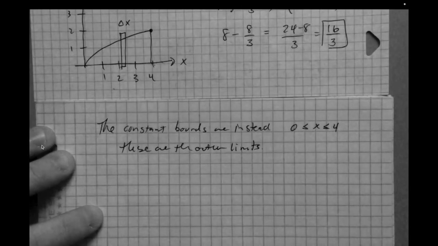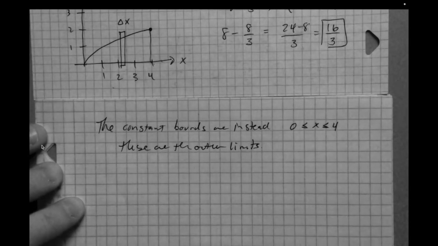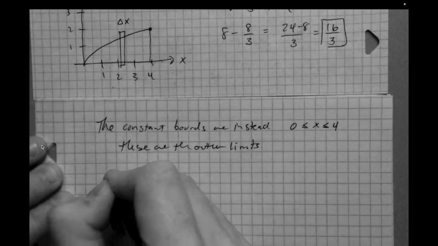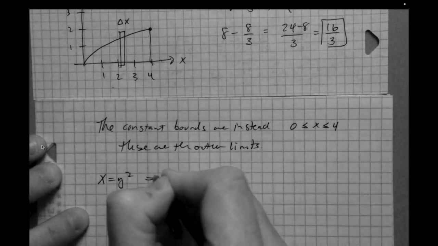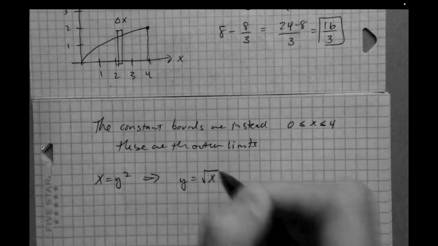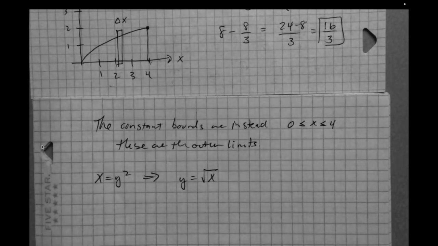What about the inner limits? Well, right now we've been thinking of this as x equals y squared. So when we solve for y, we instead have y equals the square root of x. Okay, so y equals the square root of x is going to give us the inner bounds.